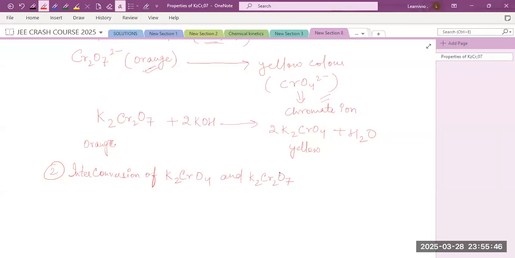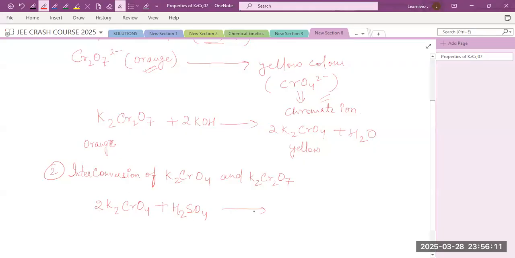The color changes to orange red due to the reformation of dichromate, just opposite of the first one. So when you take K2CrO4, potassium chromate, not dichromate, and add acidic condition like H2SO4, what will happen? This is a yellow color solution, potassium chromate.